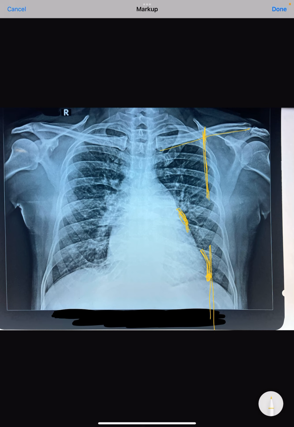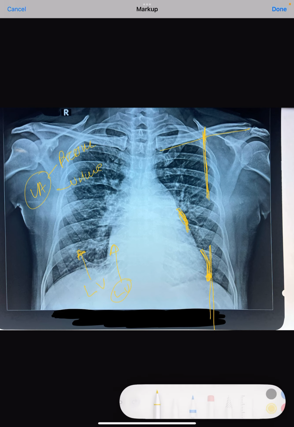Now why will there be left atrial enlargement? The left atrium can be enlarged in two cases: either there is pressure overload or there is volume overload. If there is significant pressure in the left ventricle, this pressure will be reflected to the left atrium, or if there is a significant amount of volume in the left ventricle which gets reflected into the left atrium, then the patient can have left atrial enlargement.